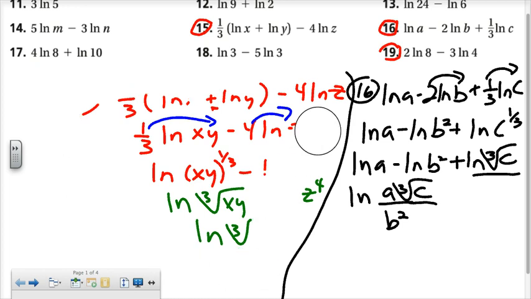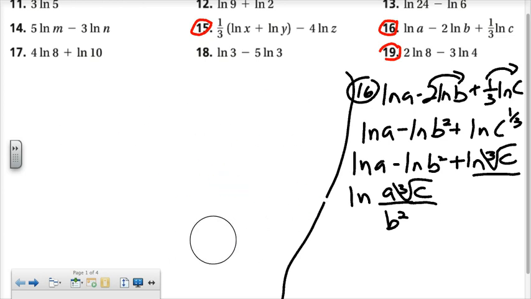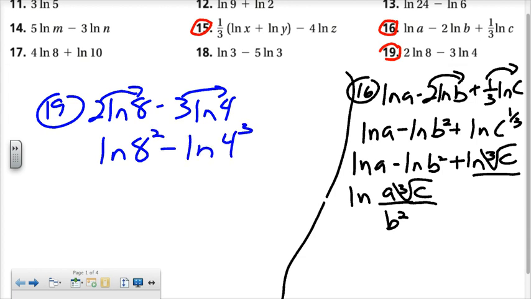Then, problem number 19, let me make some room here. 2 natural log of 8 minus 3 natural log of 4. So just like in the last two problems, what we have to do is get those powers back up where they were supposed to be. So this will be the natural log of 8 squared minus the natural log of 4 to the 3rd.